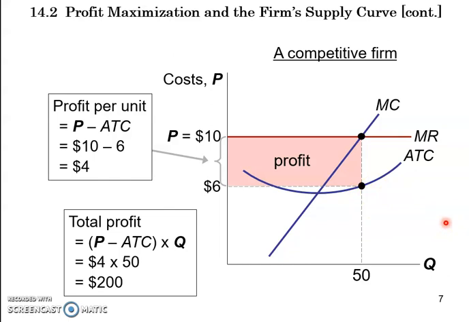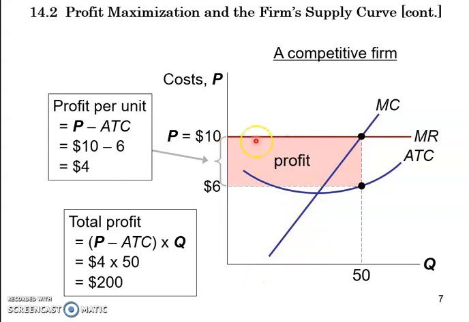All right, so this is the situation when the firm makes money. Okay, what if the firm does not make money? That means the total revenue is going to be less than the total cost, right?